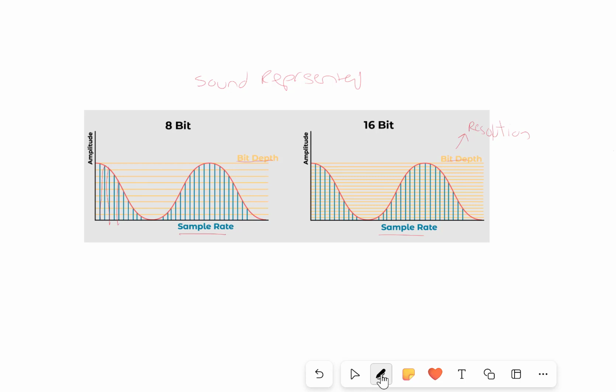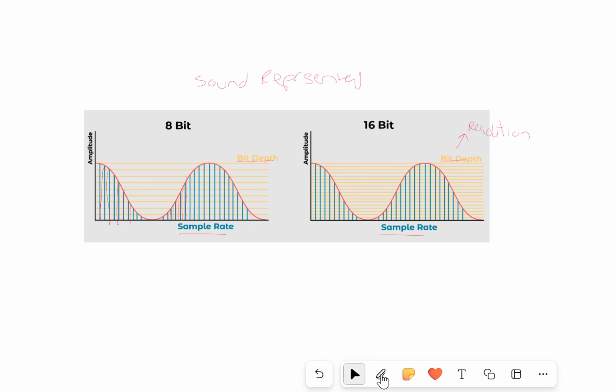The sample rate, which is basically the amount of sample points we have, is how many times per second we record and capture that sound. Simple as that. The more sample points we have, the higher our sample rate, the more of the sound we are going to record and store in our computer.